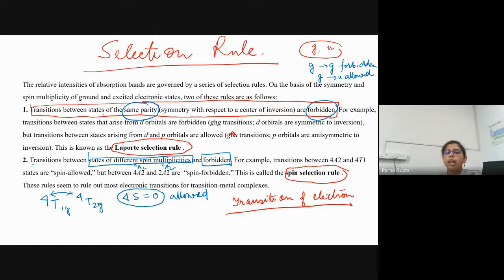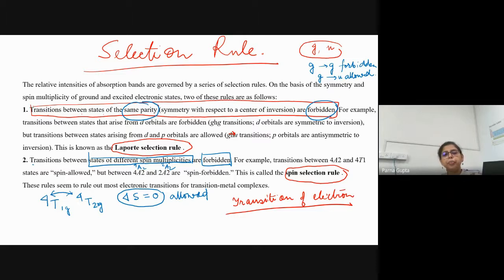So what does happen? It means that when you have selection rules and you have a compound in solution that is colored, then you have to understand that there must be something breaking, that is happening, so that the forbidden transitions are a little bit allowed.